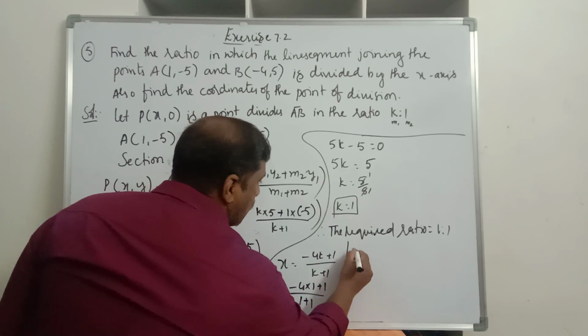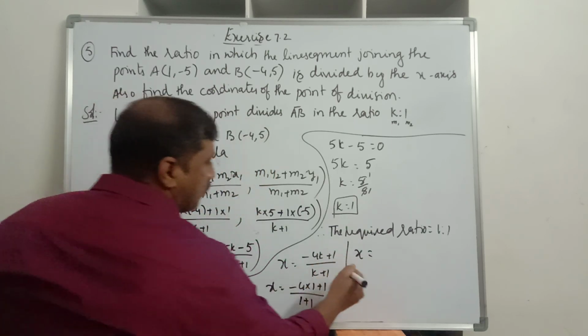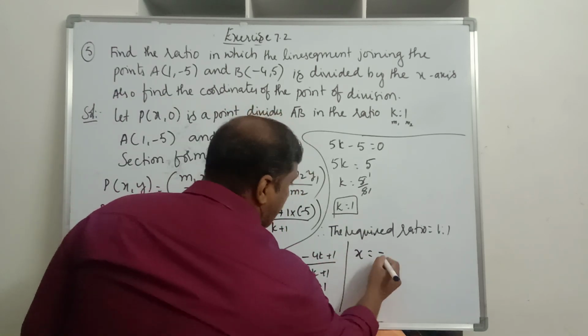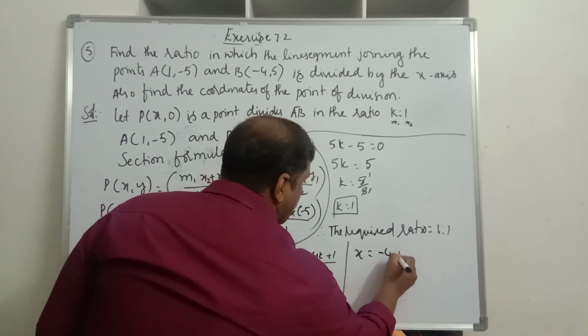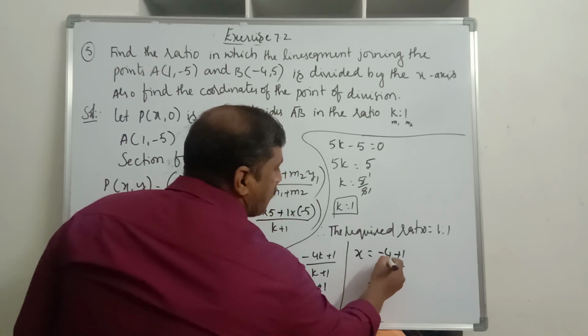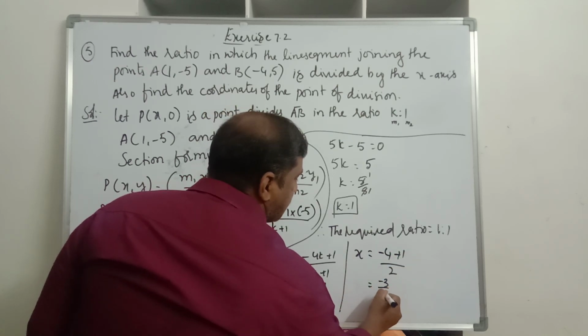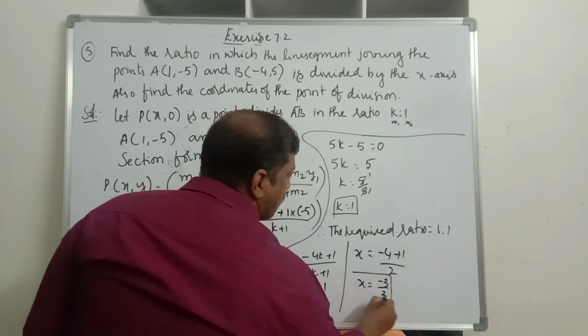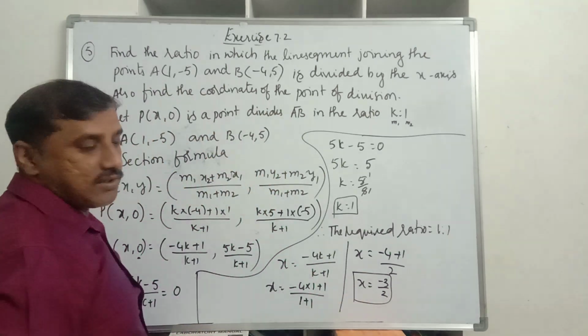That is x is equals to minus 4 plus 1 divided by 2, that is minus 3 by 2. Now we got x is equals to minus 3 by 2.